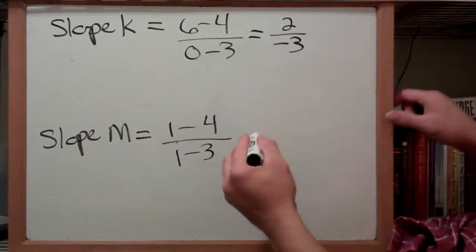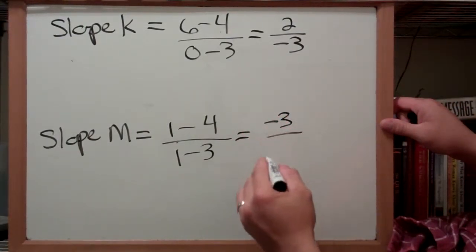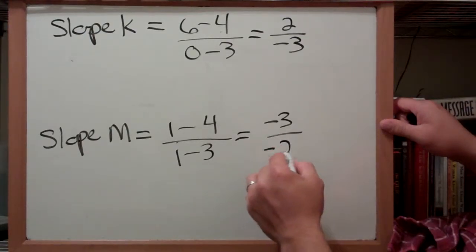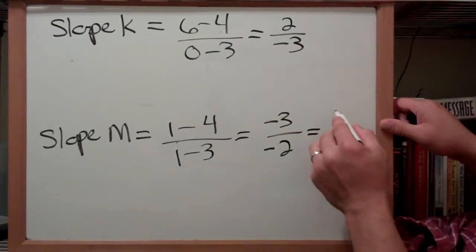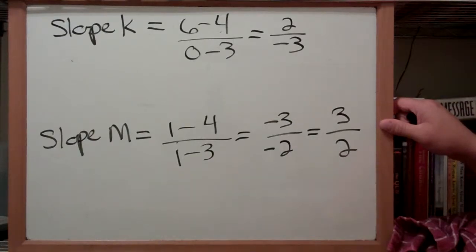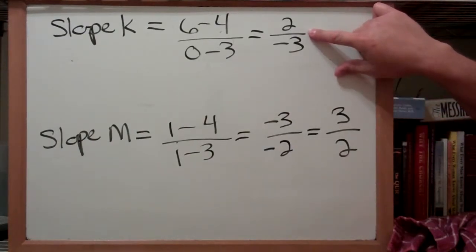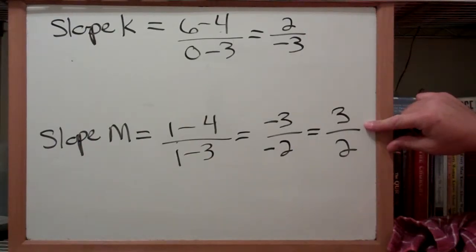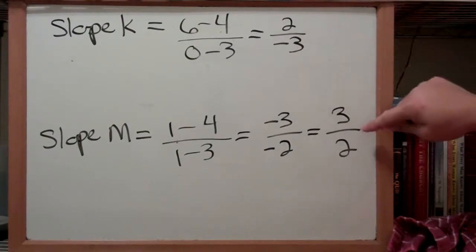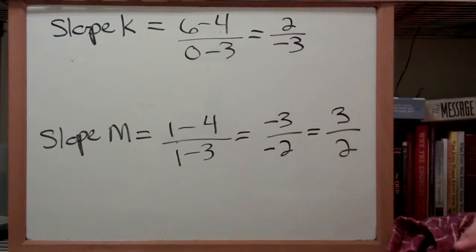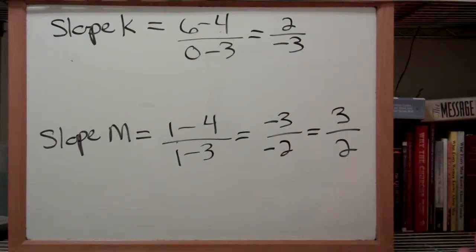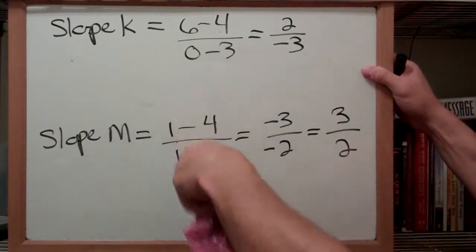So here we're going to say negative 3 over negative 2, which, a negative divided by a negative, is actually a positive. So we have the two slopes as negative 2/3 and positive 3/2. They're opposite signs and they're reciprocals of each other. So in fact these two lines M and K are perpendicular to each other. Therefore they're going to create a 90-degree angle between them.